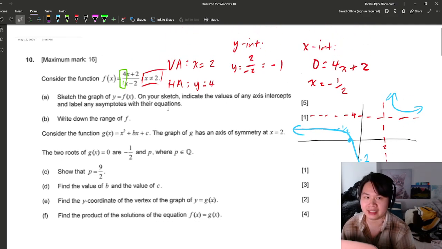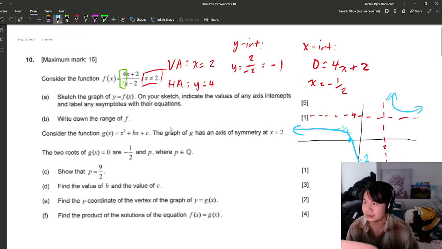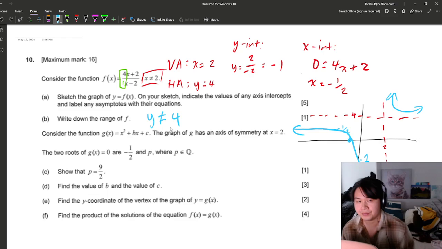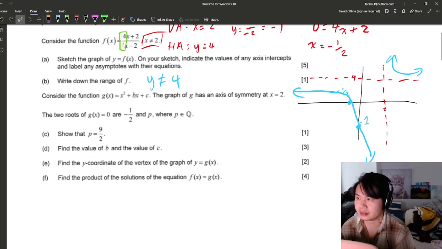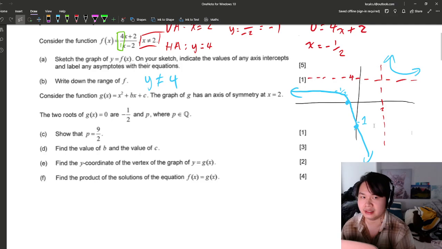We included everything they asked for. We also want the range of f, so y can be any value except for 4 because we have a horizontal asymptote there.